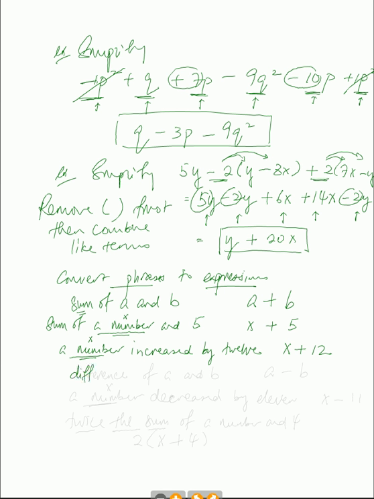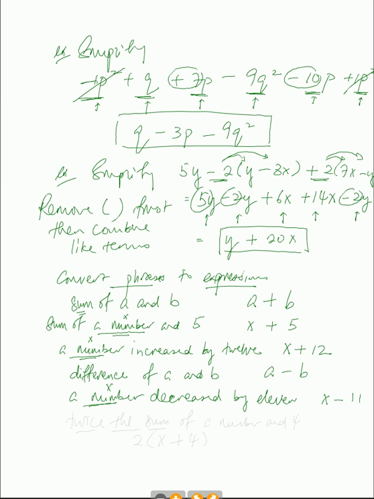So if you look at the previous section, I had introduced the word difference. So difference of A and B, that means it's A minus B, right? So here we could use other words like, for example, a number decreased by. So instead of increase, we say decrease. Decreased by 11. So a number is X. So X decreased by as in minus, and minus 11.